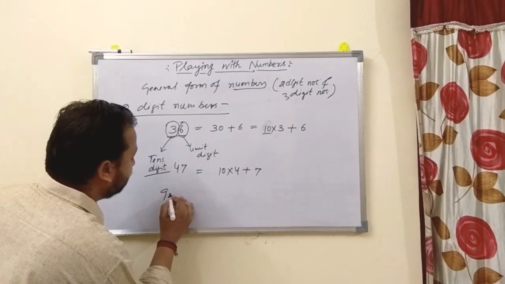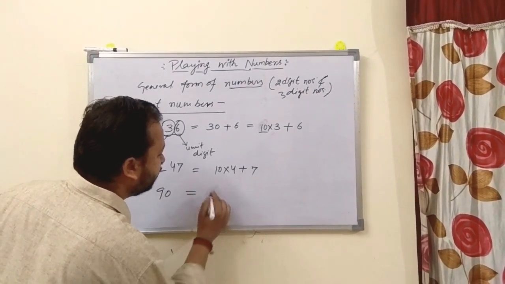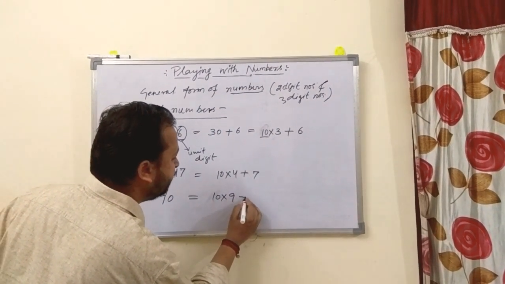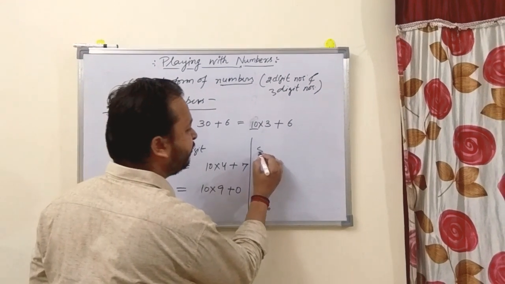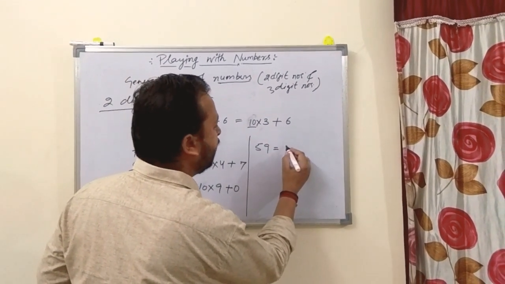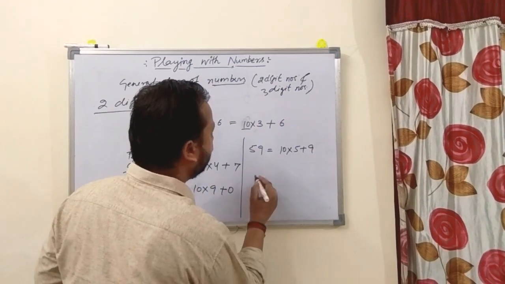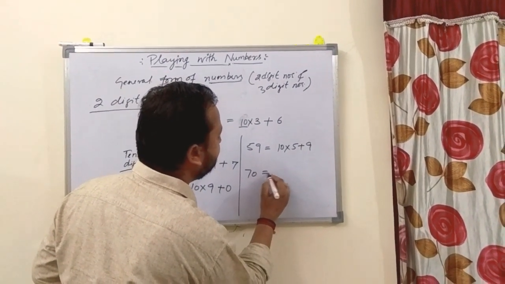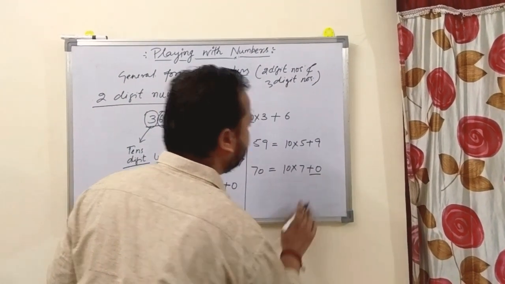If you take 90, you can write it as 10 multiplied by 9 plus 0. If you take 59, you write it as 10 multiplied by 5 plus 9, or you can take 70, then you write it as 10 multiplied by 7 plus 0, right?